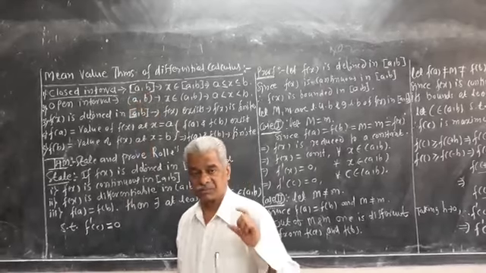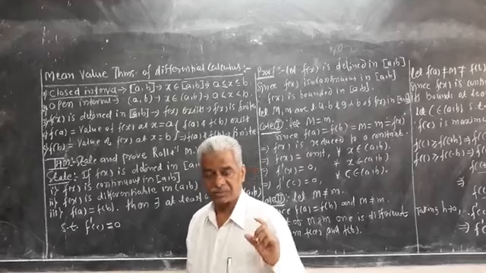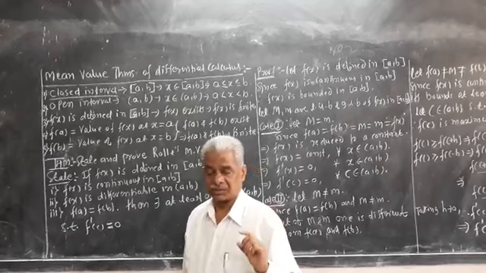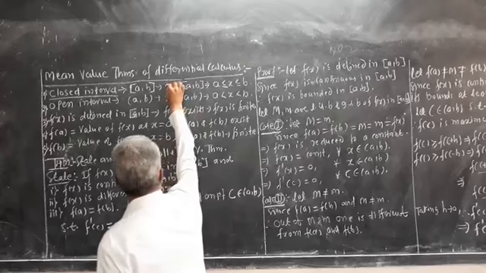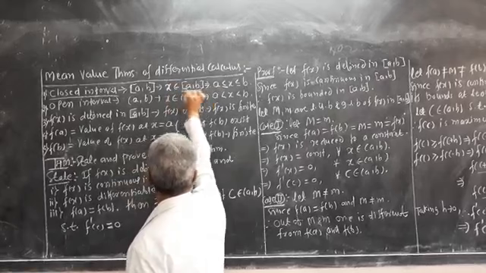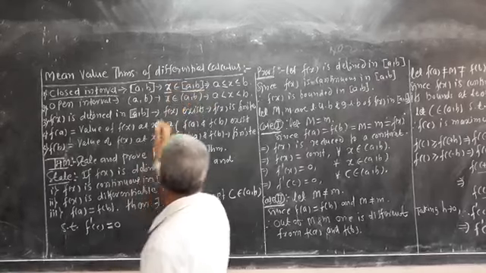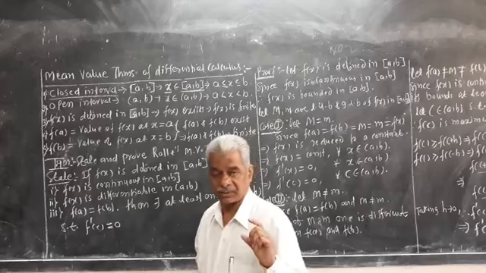Then what is meant by closed interval? Suppose that there is one point x belongs to the closed interval AB. Then what is meant by it?